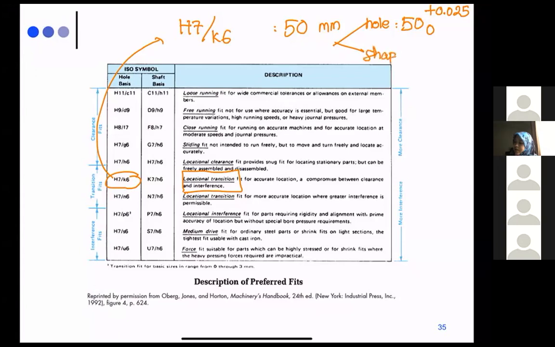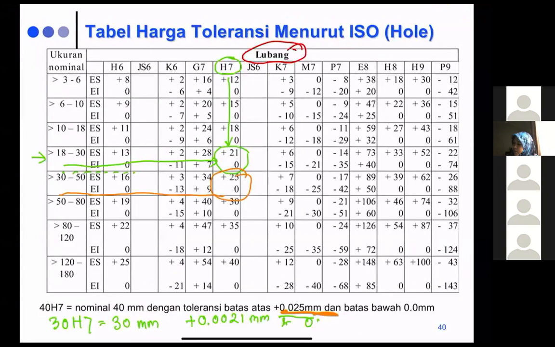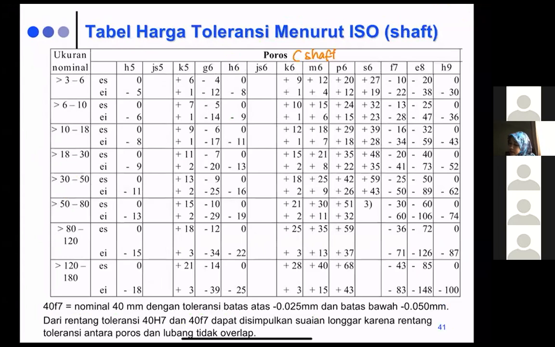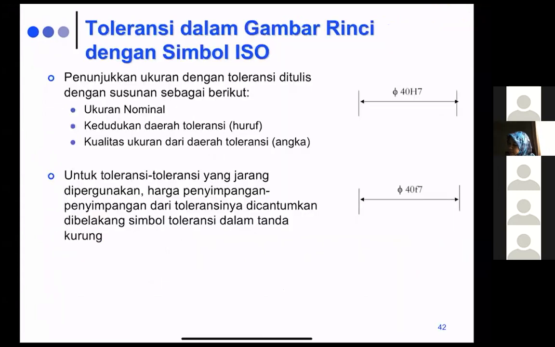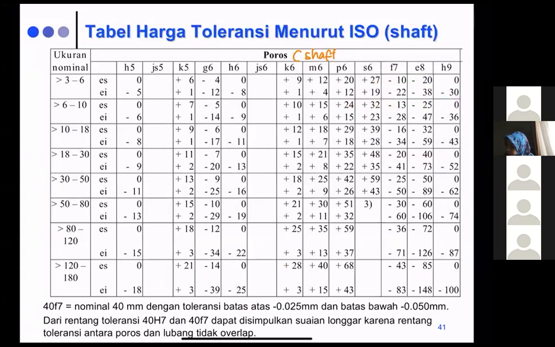For the shaft, we are looking at the k6. With your ruler here, the k6 is over here, and I'm looking at the range between 30 to 50 for this specimen. So I go to that one and to that one.